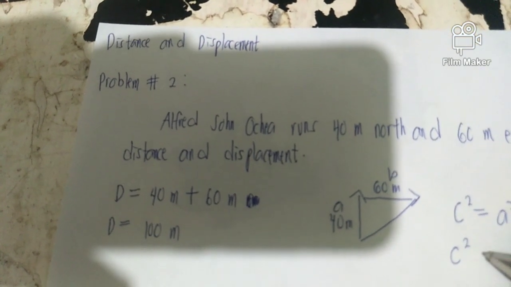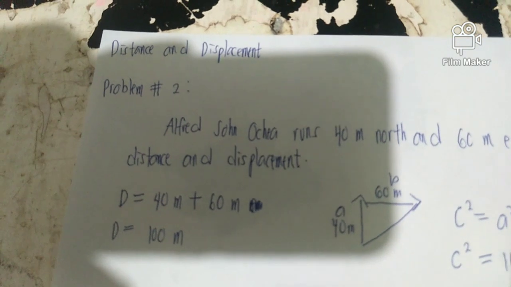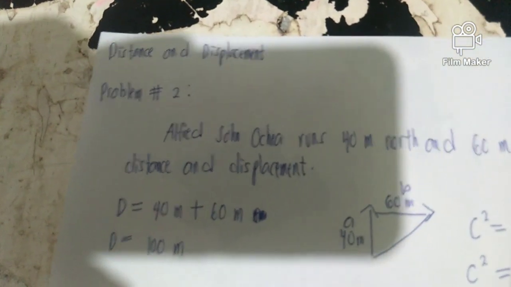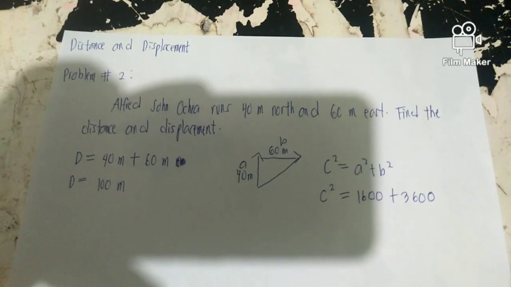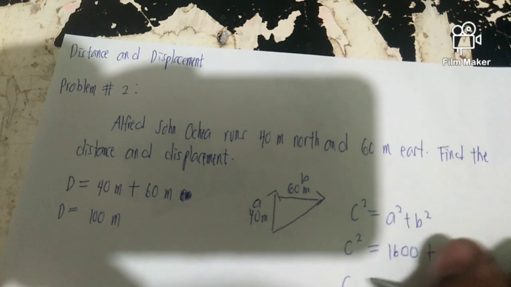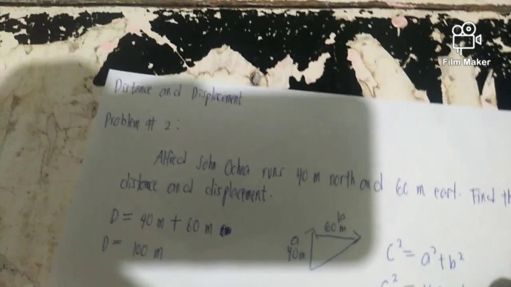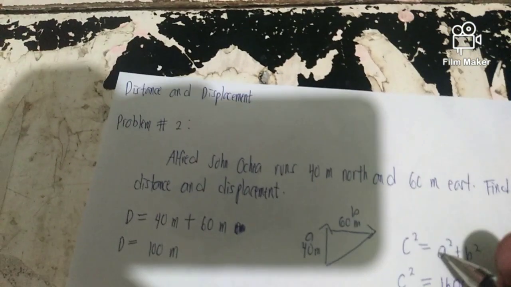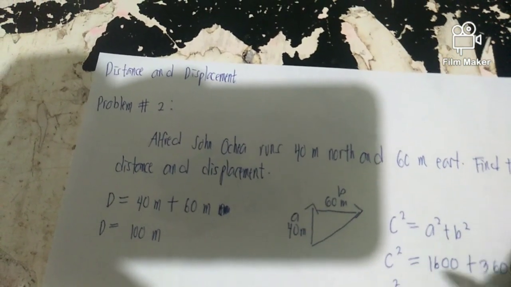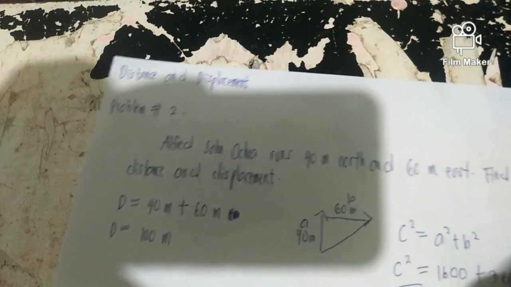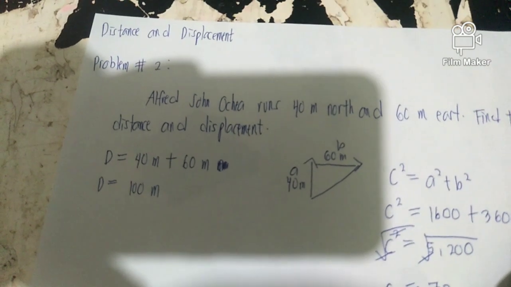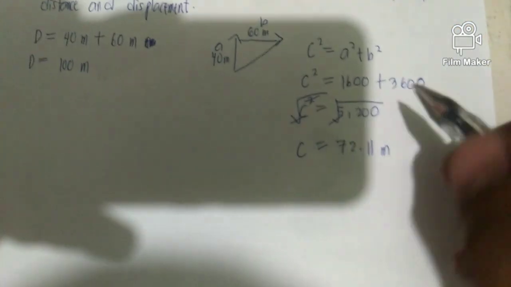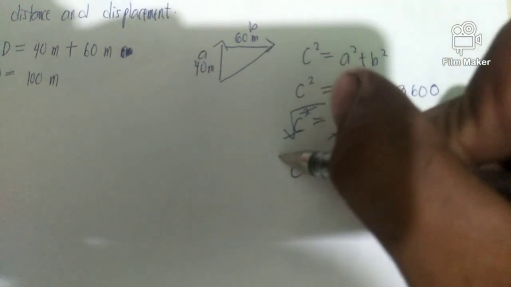C squared equals 1,600 plus 3,600. So C squared equals 5,200. So let's get the square root. C equals 72.11 meters. So this is our displacement.